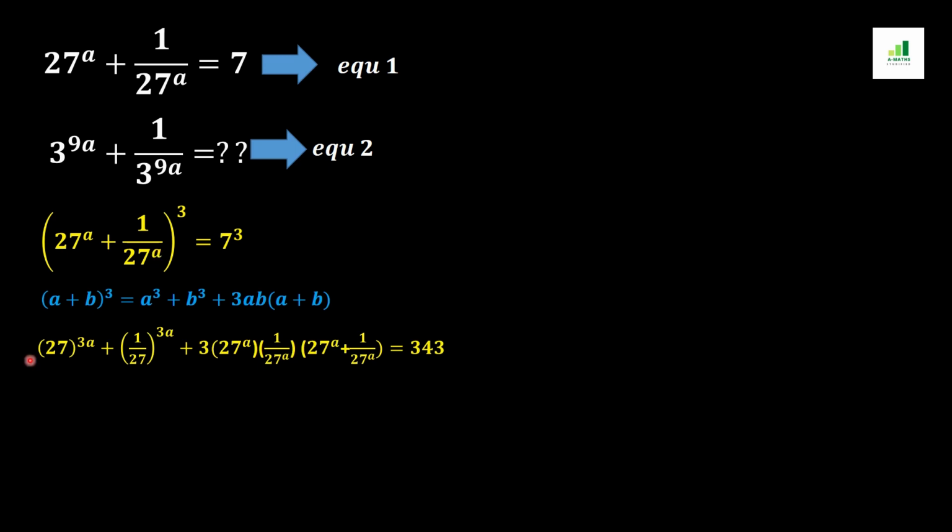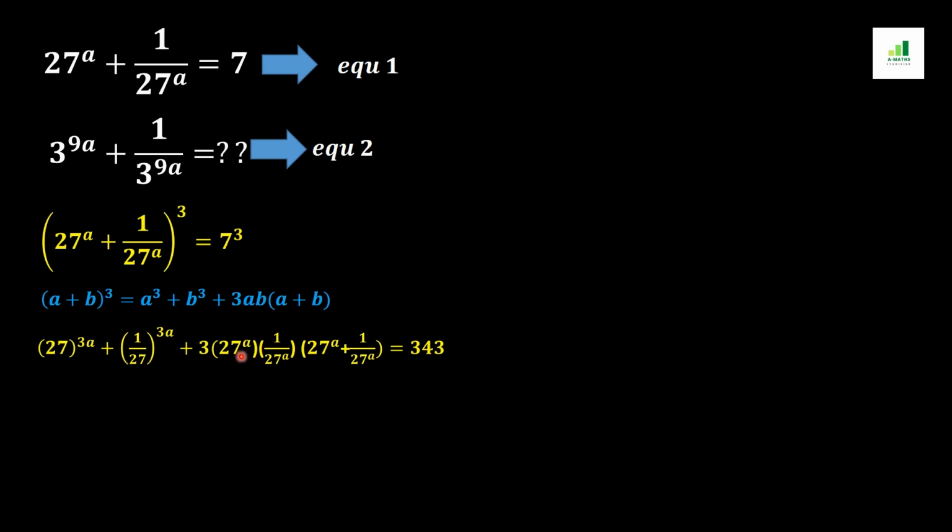As a result we get (27)^(3a) + (1/27)^(3a) + 3 × 27^a × 1/27^a × (27^a + 1/27^a) on the left side of the equation, and the right side, 7^3, will be equal to 343, because the cube of 7 is 343.